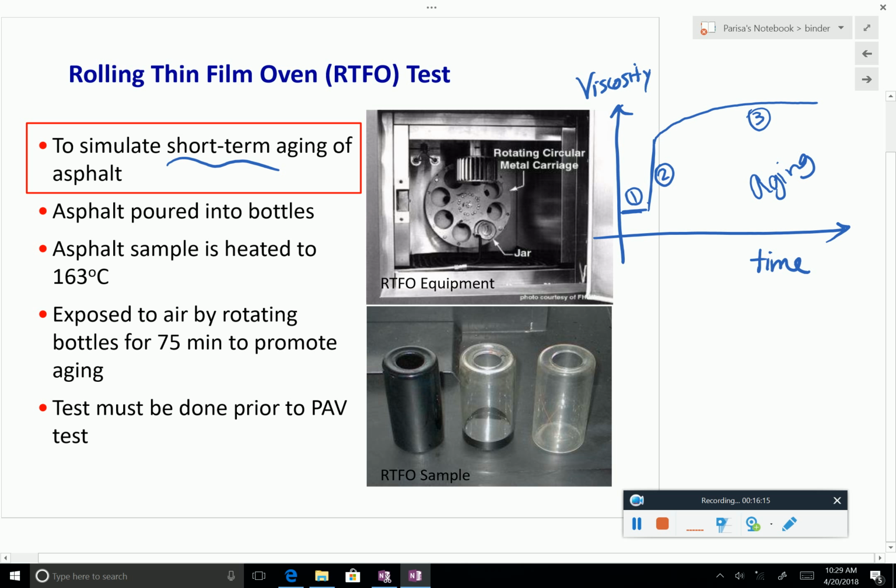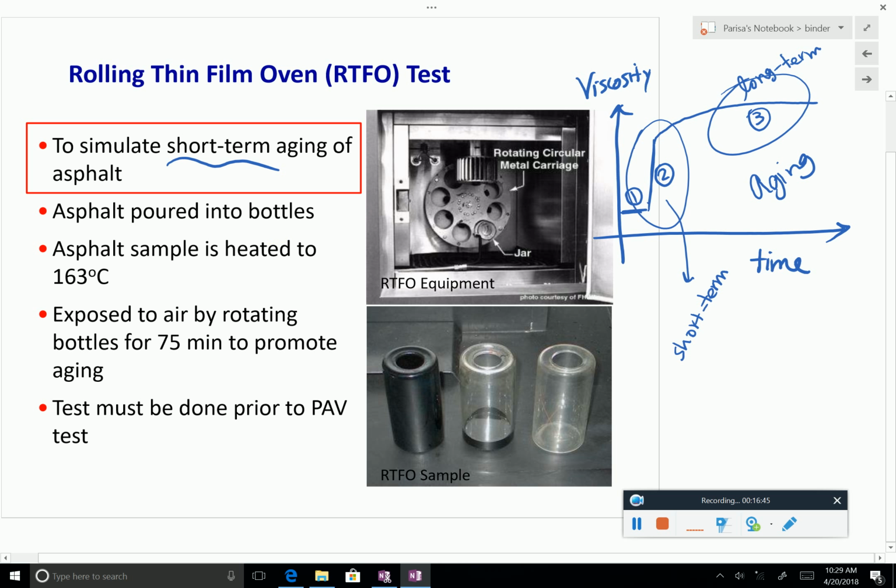So what you try to do in these tests, you try to simulate this short-term and the long-term aging. Short-term means what happens during construction, and long-term is what happens during the lifetime, the service life of the pavement.